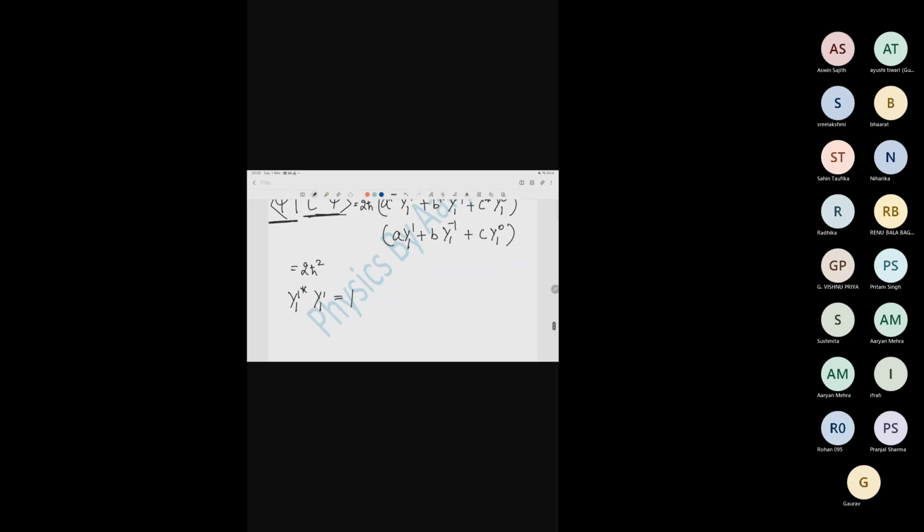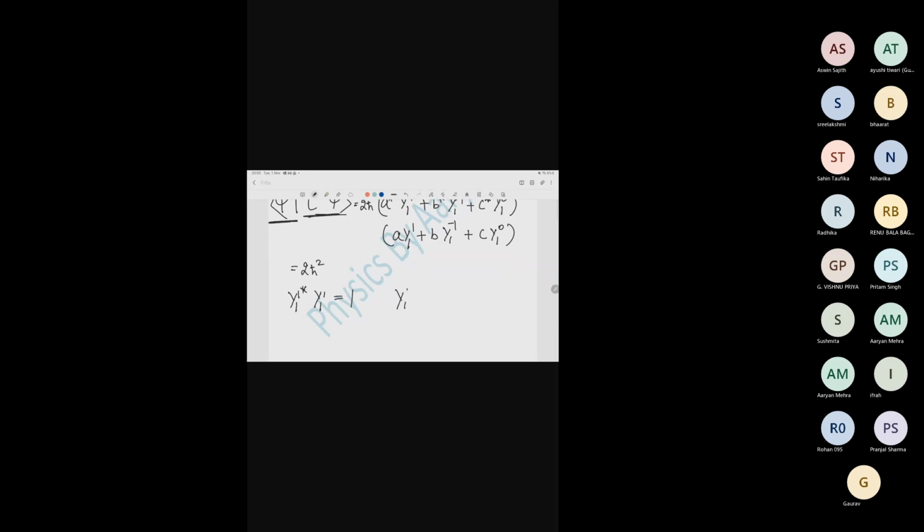Now, do you know what orthogonal states are? If the inner product of two states is 0, they are orthogonal. So if you multiply Y 1 1 star with Y 1 1 it is 1, because they are both the same.